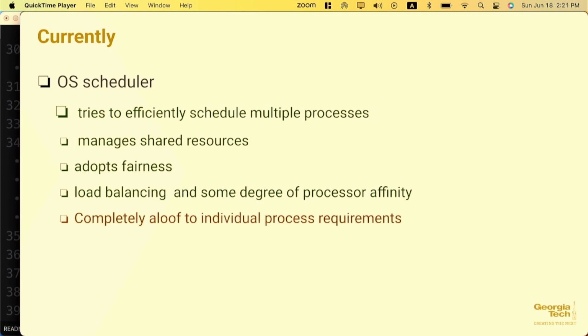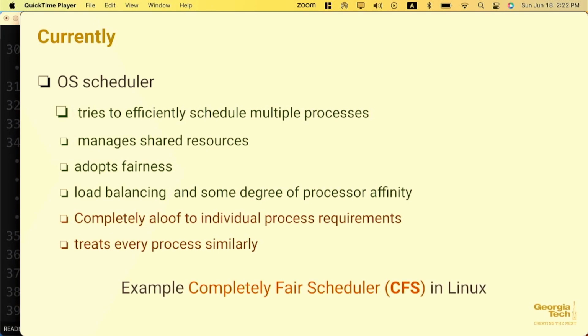However, the scheduler is almost completely aloof to the individual resource requirements of processes, and hence treats all these processes in execution in a similar manner. An example of such a scheduler is the current scheduler in Linux, which is the completely fair scheduler.